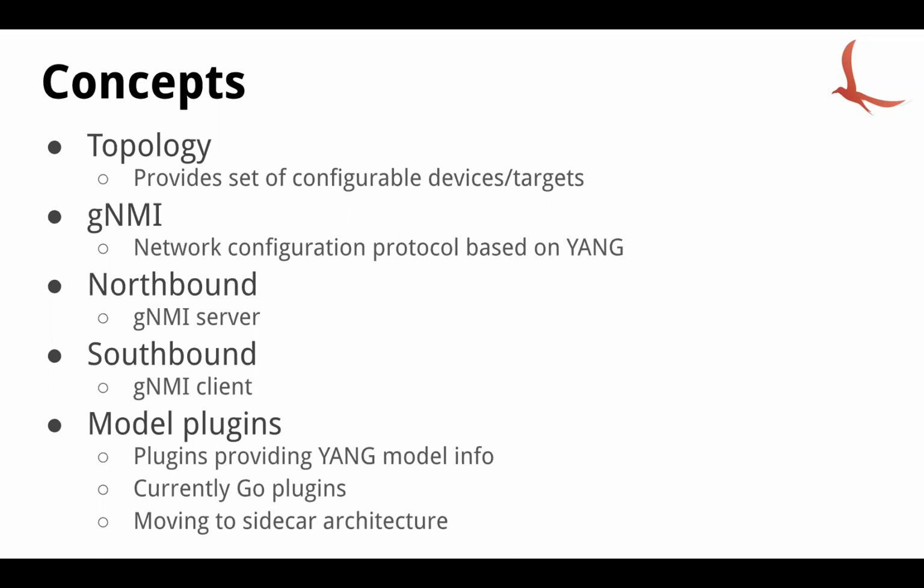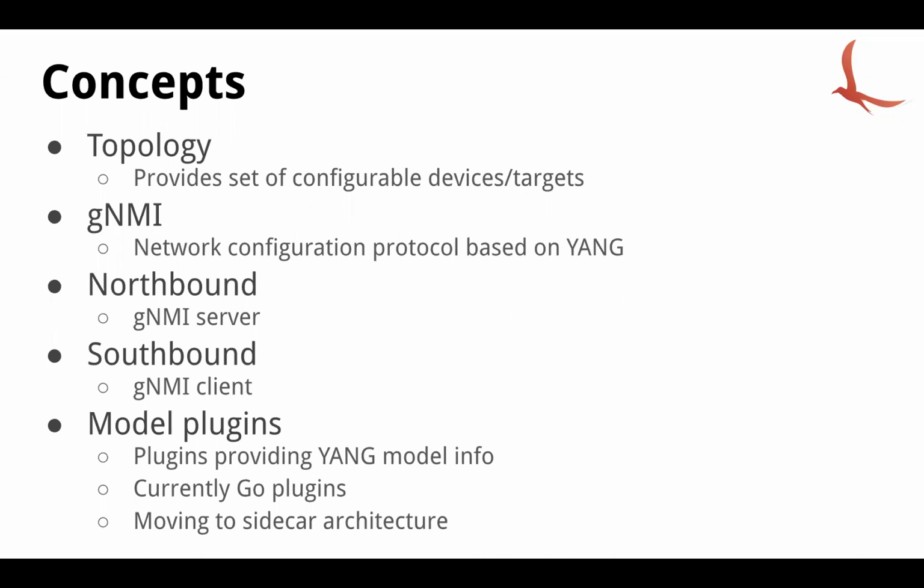ONOS config acts as the source of truth for the configuration of those devices on the southbound. So changes come in through the northbound. It has an internal state, and that's considered the source of truth for the targets on its southbound. And so its goal is just to make those targets' configuration match the source of truth inside of it.